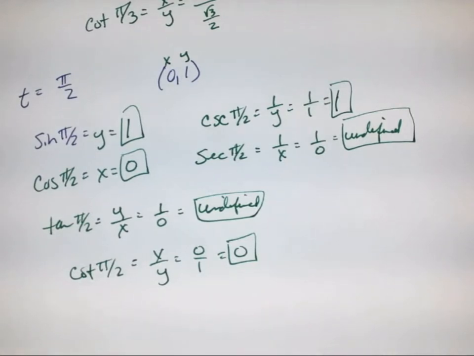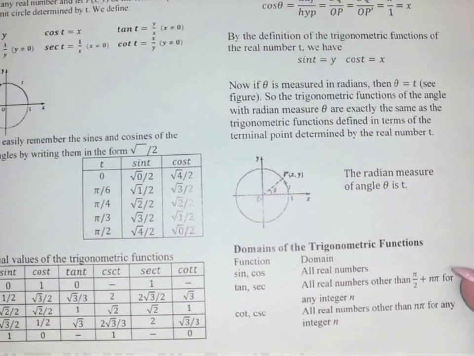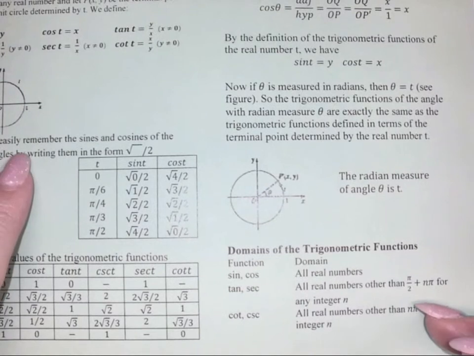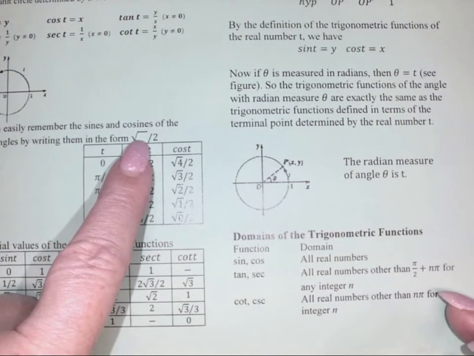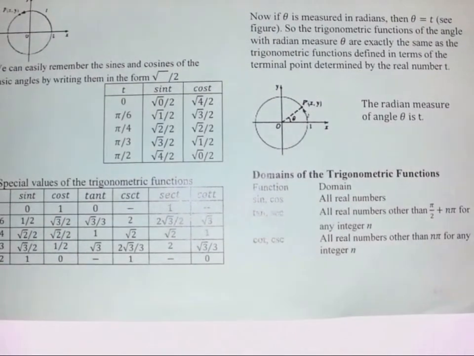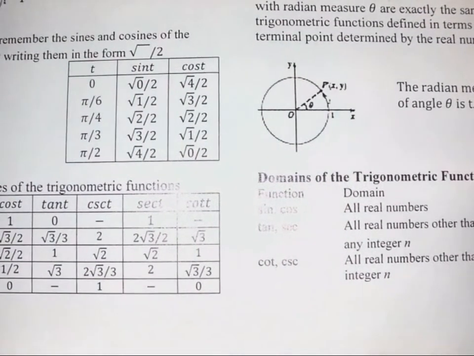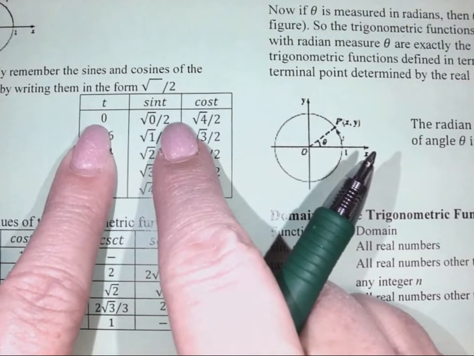All right, so there are some special values of our trig functions. I've got a couple of things on here. First of all, you can easily remember the sines and cosines of the basic angles by writing them in the form of the square root over 2. So for 0, it's square root of 0 over 2.